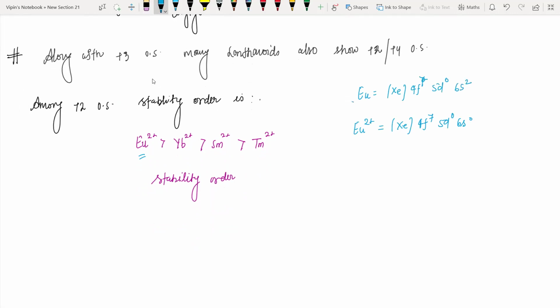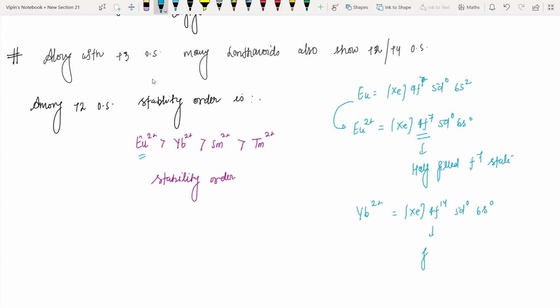So when europium is in the plus 2 oxidation state, it has a half-filled f7 state. In the case of Yb2+, the configuration is xenon 4f14 5d0 6s0.